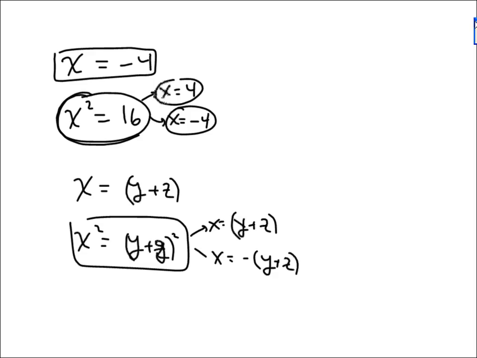So, you may not get the right answer, because any answer to this one is going to be wrong. X is not equal to negative y plus z. X is equal to y plus z.